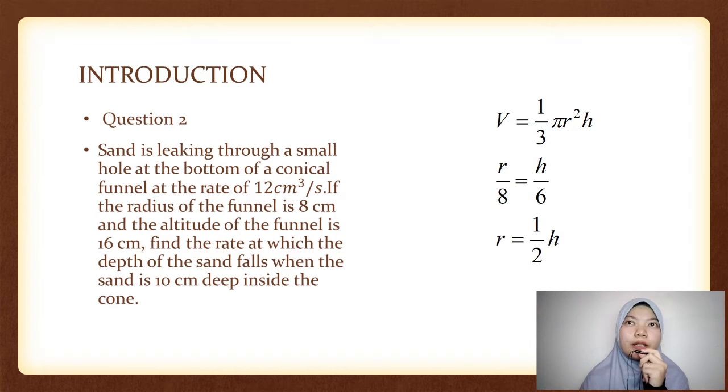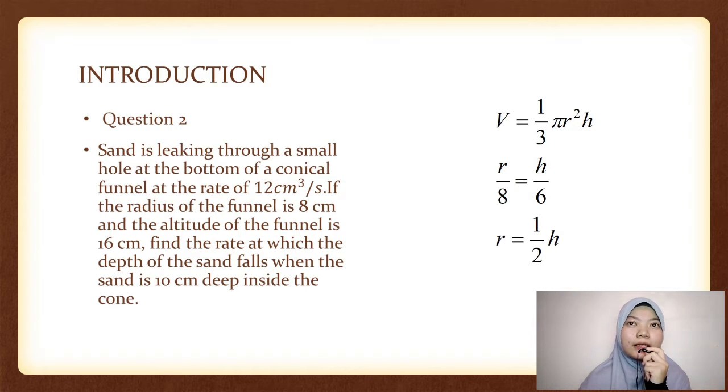Next, I will explain about the variables in this question. Based on the question, there are three variables to be looked for. First is V, which is the volume of the cone at which depth of the sand falls. Second, we have R, the radius of the cone.